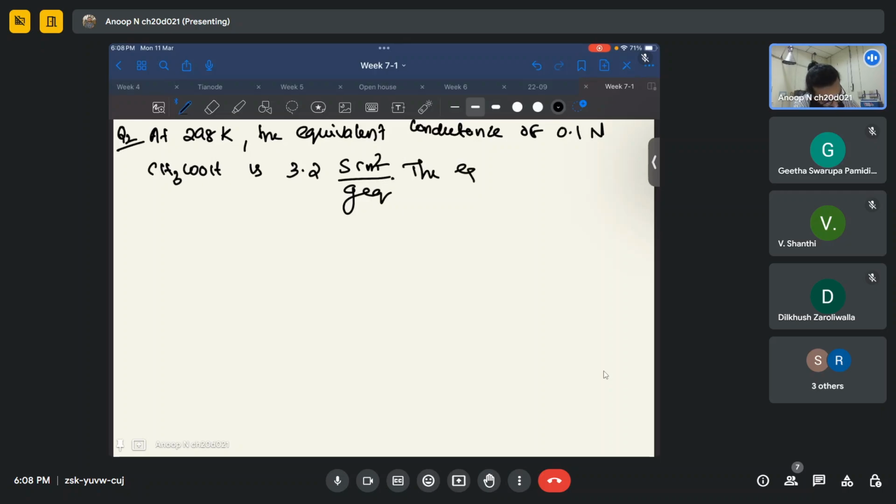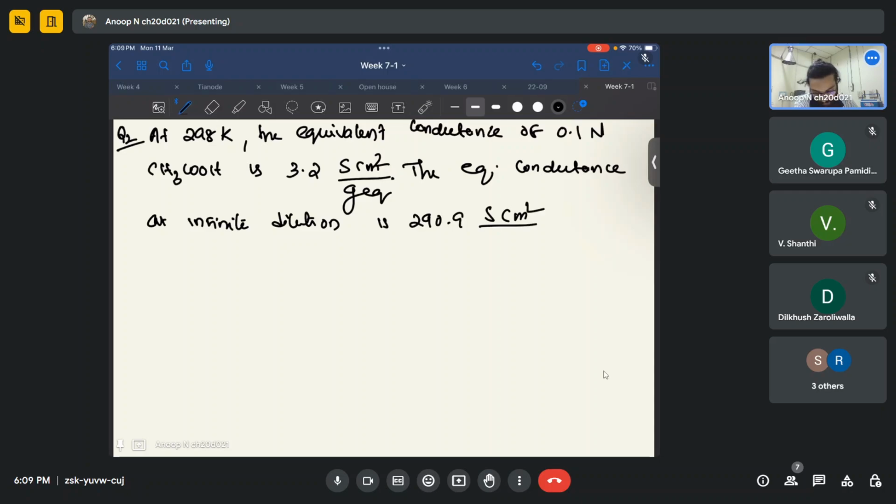The equivalent conductance at infinite dilution is 290.9 Siemens centimeter square per gram equivalent.